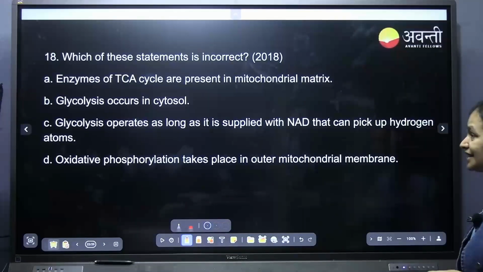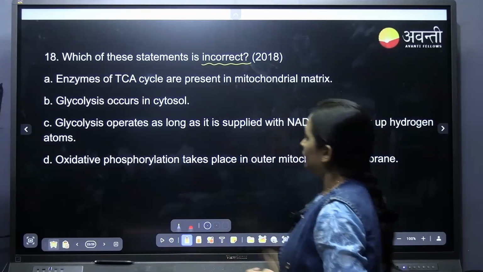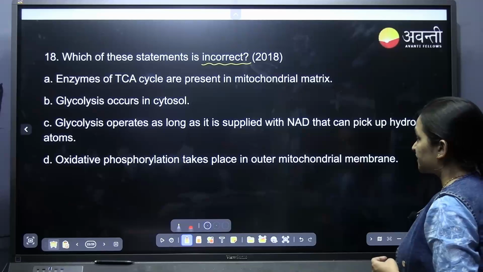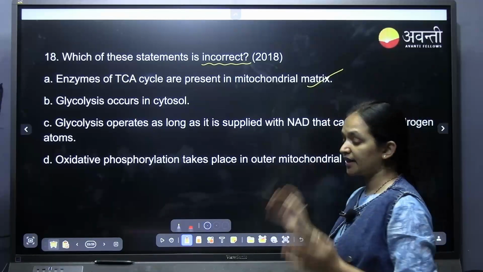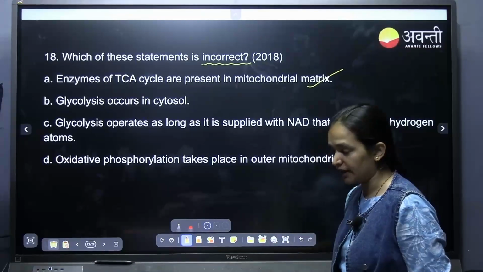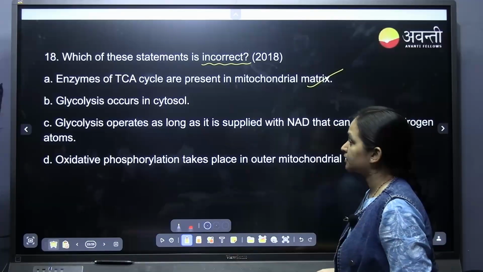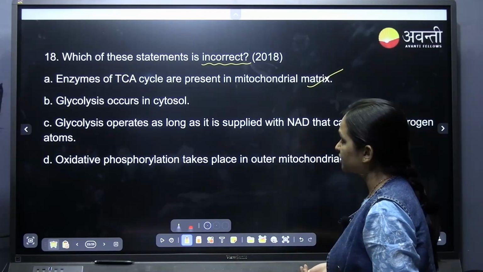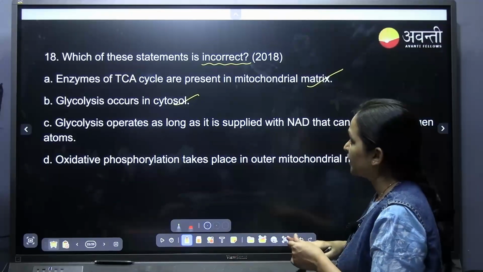Which of these statements is incorrect? We need to find the incorrect option. Enzymes of the TCA cycle are present in the mitochondrial matrix? Definitely, because the TCA cycle happens in the mitochondrial matrix. Glycolysis occurs in the cytosol, that is cytoplasm. Yes, basic.